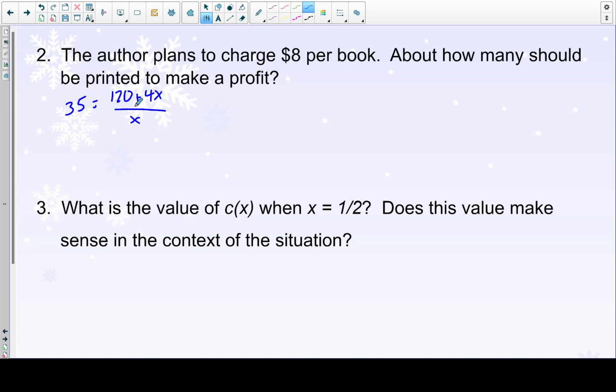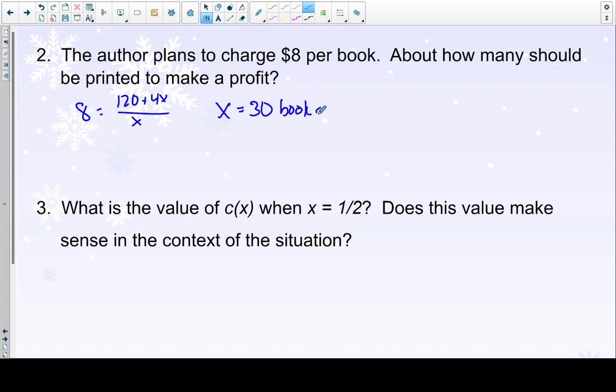Oh, actually not 35, I'm sorry. That should be 8. So 8 equals 120 plus 4x over x. I could solve that, and I'm going to get probably in the neighborhood of 30 books. Actually, in this particular case, it'll be exactly 30 books.